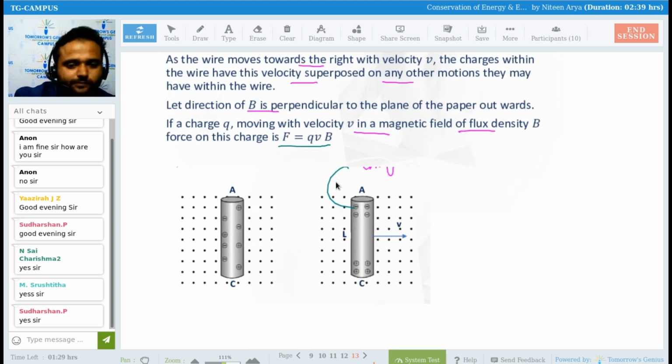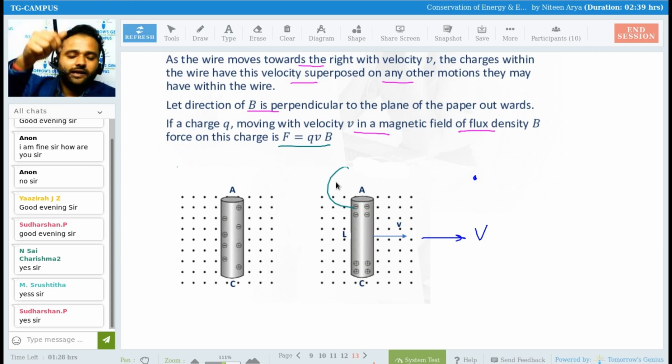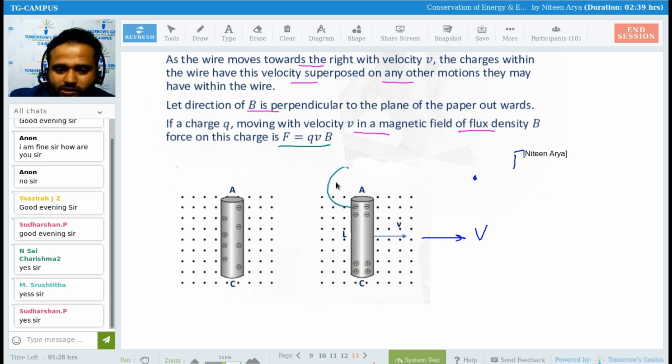So as we can see, the motion of this wire is in this direction, V. Charge is going to accumulate here, and this dot shows the direction of the magnetic field. It is out of the plane of paper. So the magnetic force equals QVB.